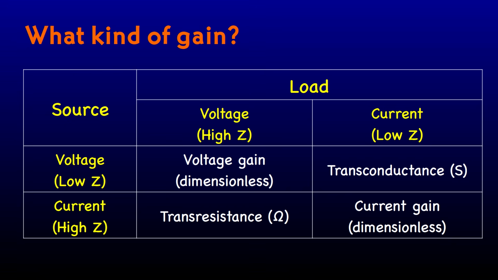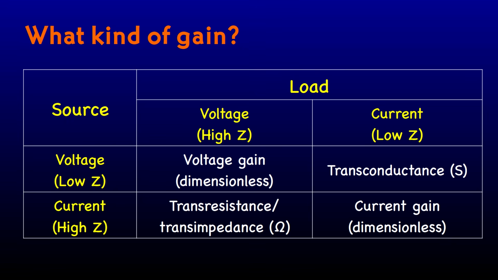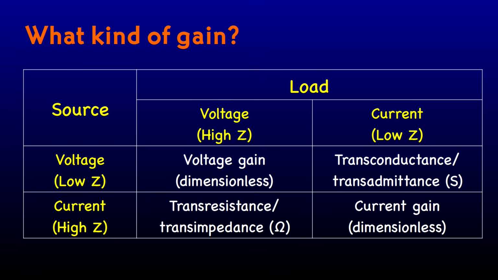This behavior, in fact, is how the transistor was named. The small signal transistor amplifier exhibits transresistance. For various reasons, many engineers prefer to say transimpedance in place of transresistance. But somehow, you never seem to hear the complementary term transadmittance in place of transconductance. I have no idea why.